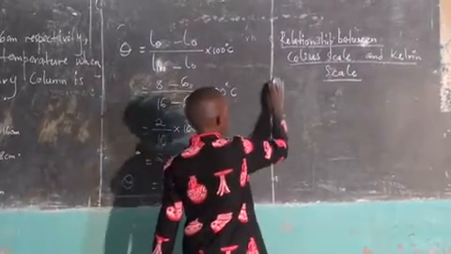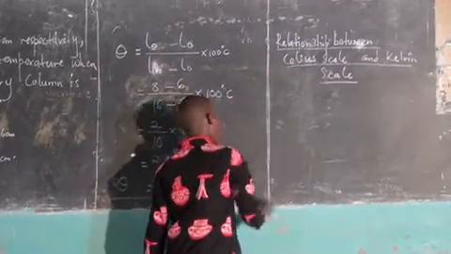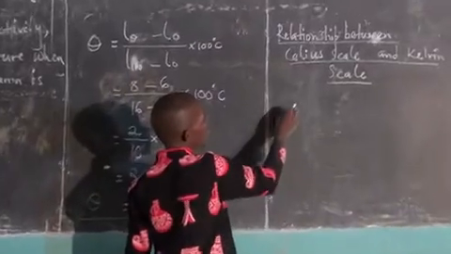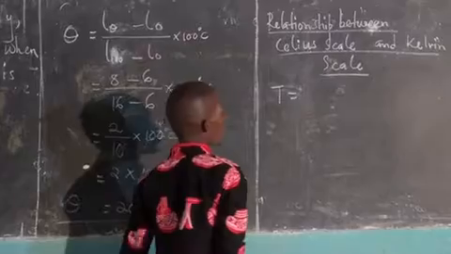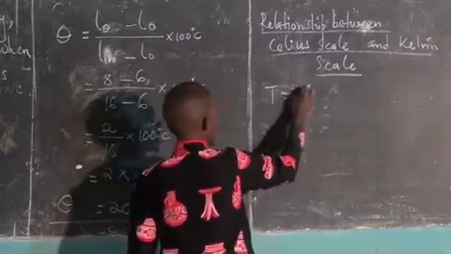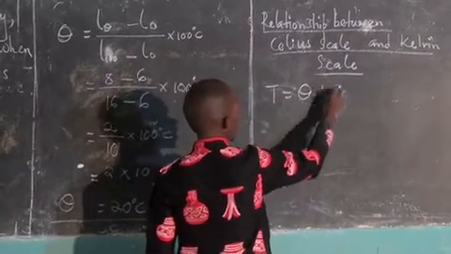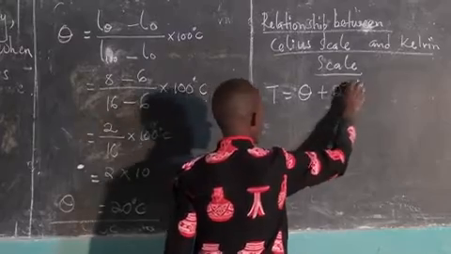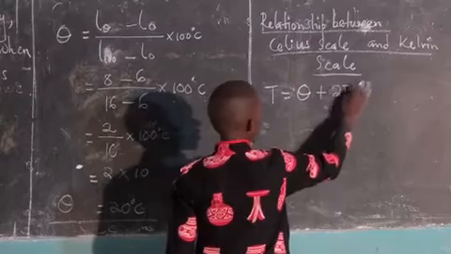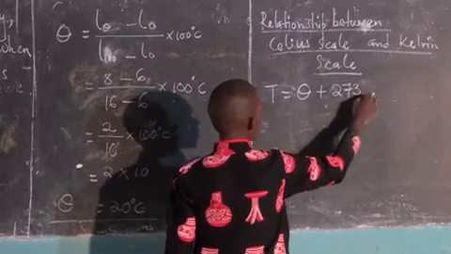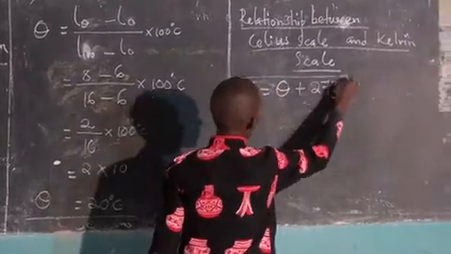You identify more formulas, but for me, you can use T is equal to theta plus 273 degrees.